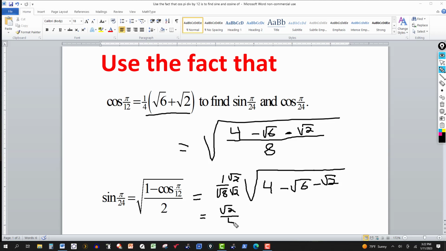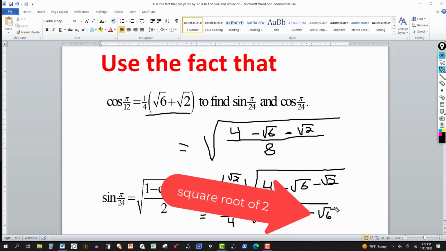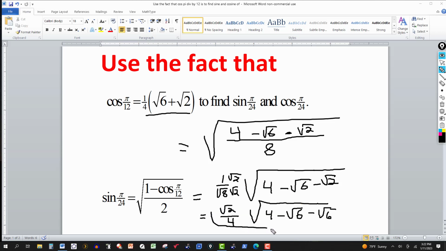Everything else stays the same. This will then be the square root of 4 minus the square root of 6 minus the square root of 2. So that's the answer to the first part, sine of pi over 24.